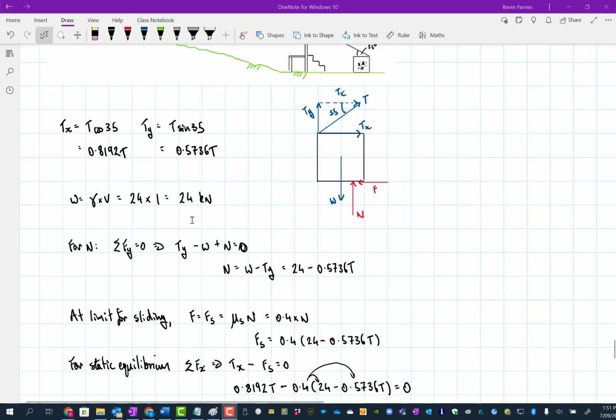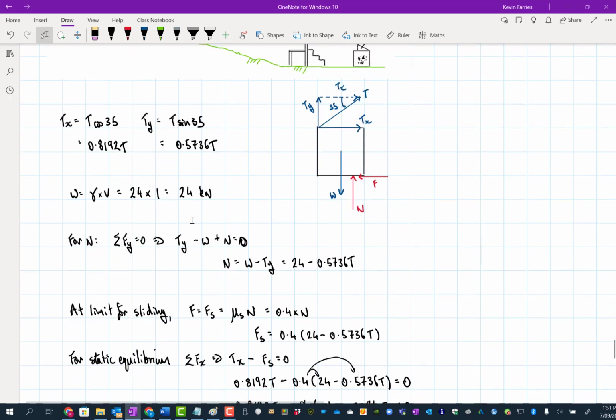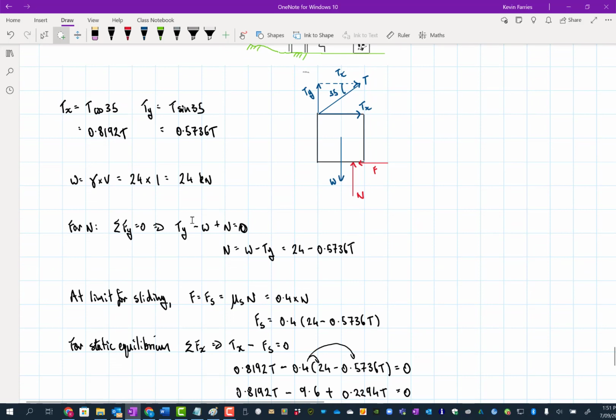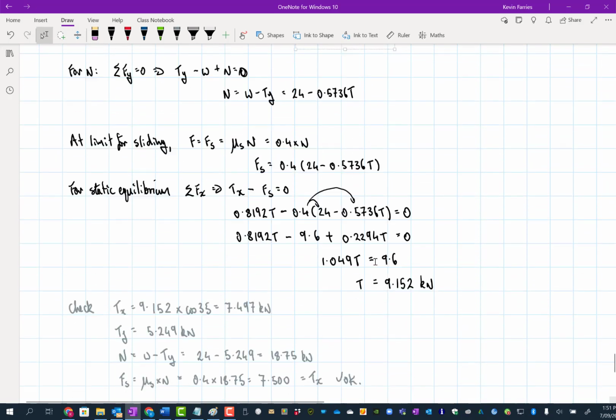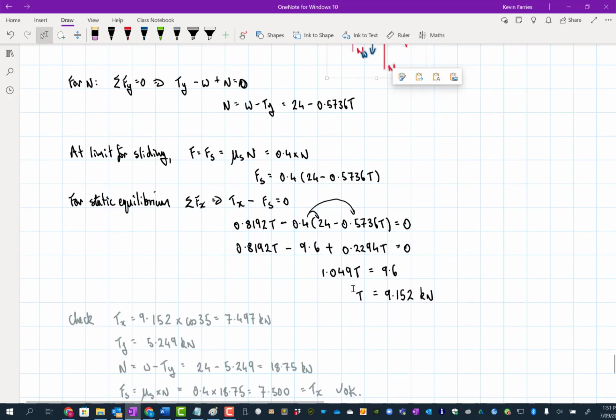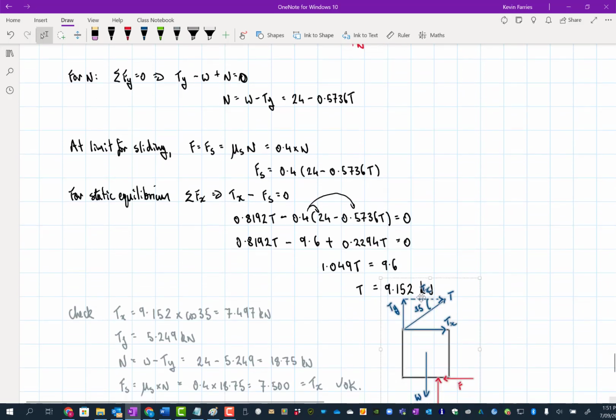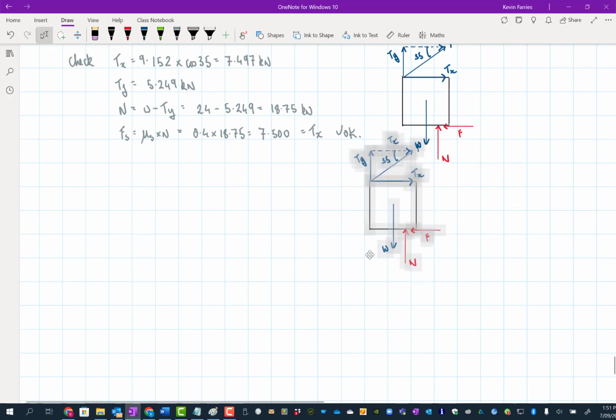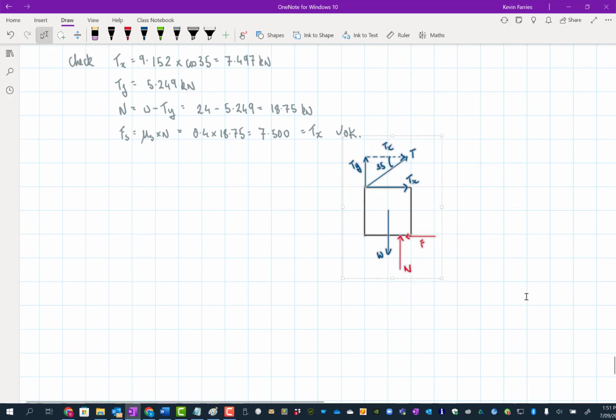Let me just copy this down so we can see it while we're doing the next stage. Now we're going to have a think about overturning. So we'll take the critical points, pulling it this way.